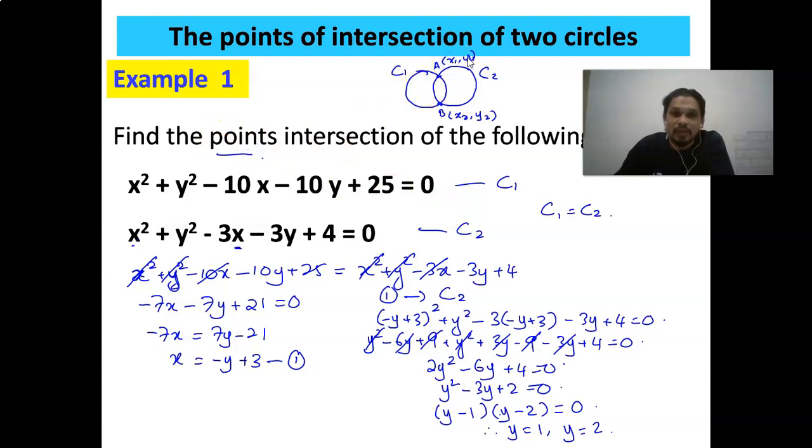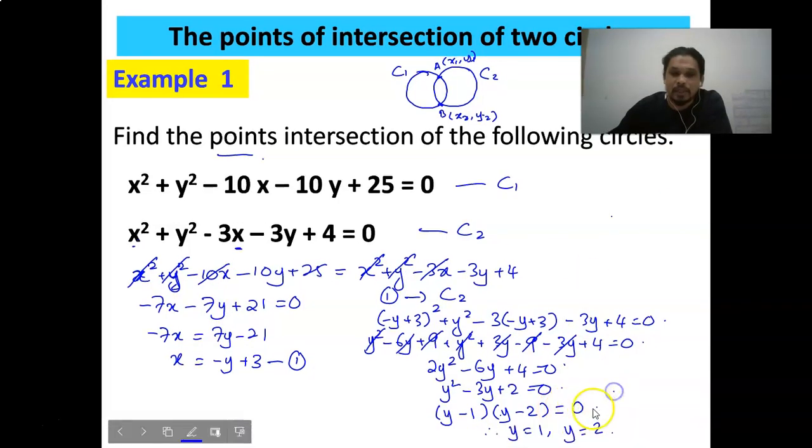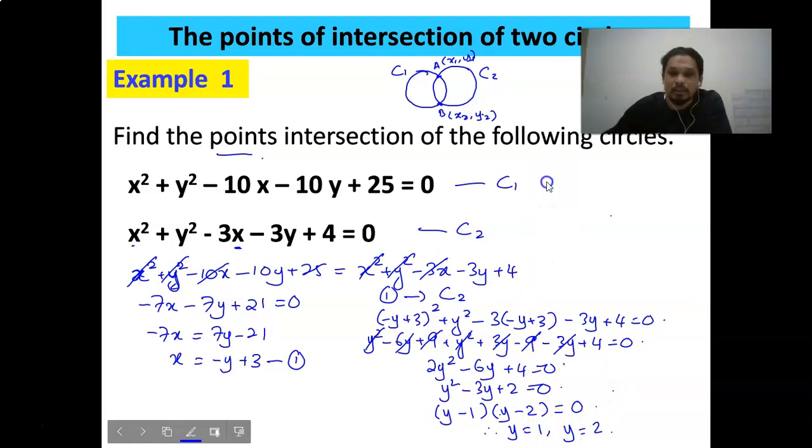So right now, we are getting both y1 and y2 here. To find the value of x, using the value of y1, when y equals 1, you may use equation 1.